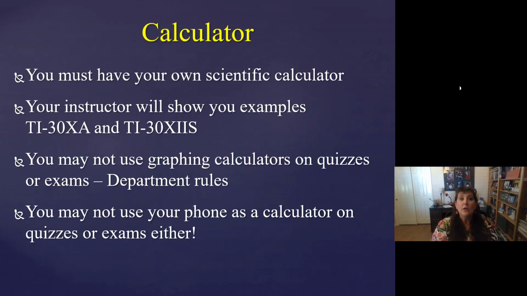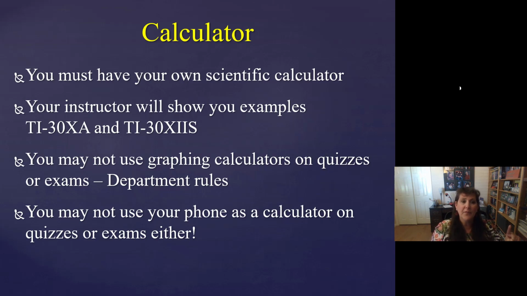So for a calculator, you do need to have your own scientific calculator. I've just shown you 2 examples, the TI-30XA and the TI-30X2S. You may not use graphing calculators in class, on quizzes or exams, department rules. You also can't use your phone as a calculator in class, on quizzes or exams either.